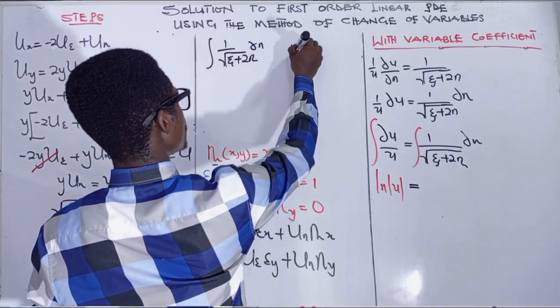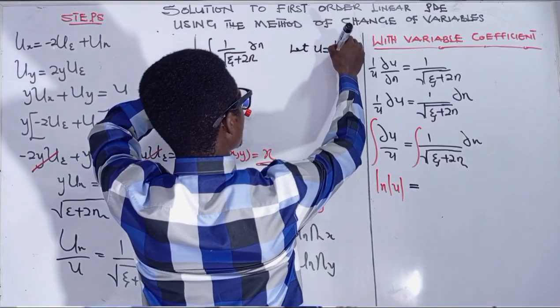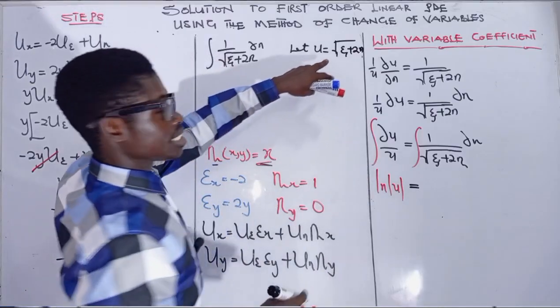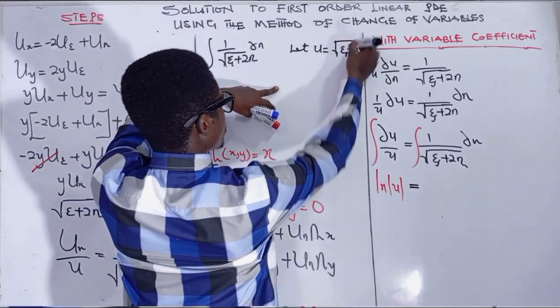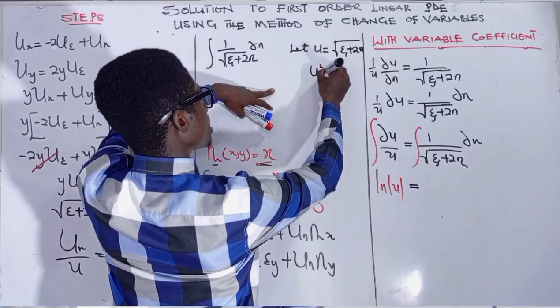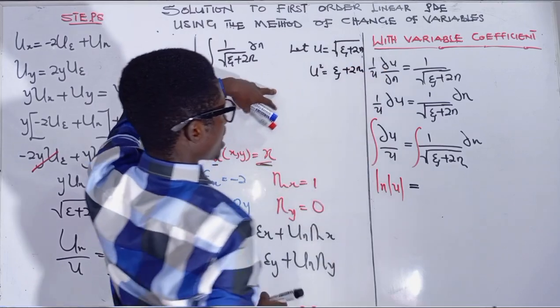We are going to let u be equal to root of xi plus 2 eta. That's the u sub. From here, we can do away with the radical sign by squaring both sides of the equation. So we are going to have u squared is equal to xi plus 2 eta.